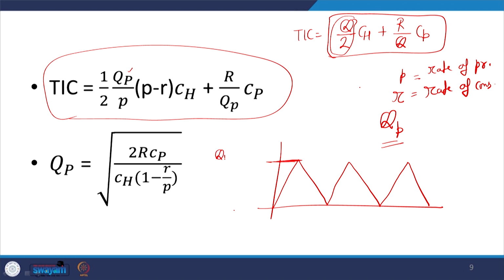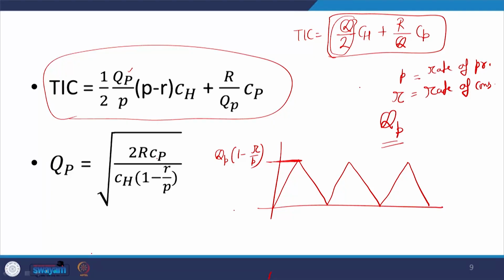So, QP into 1 minus R by P will be the maximum level of inventory, and half of that will be the average inventory level. So, that is the logic of the first term, and R by QP into CP is how many times you have to produce that item.